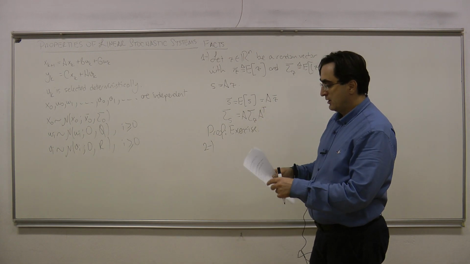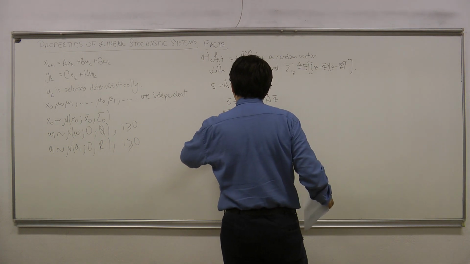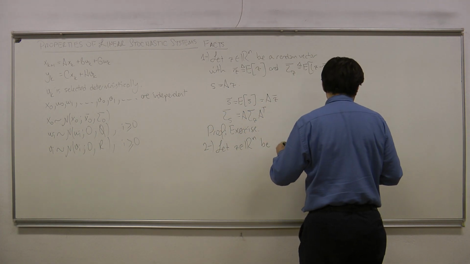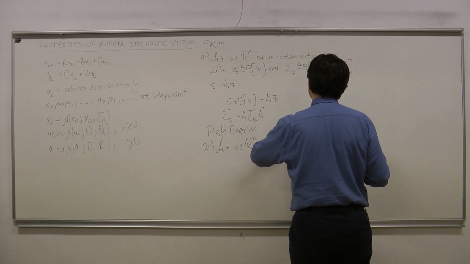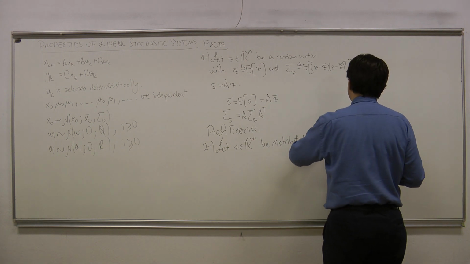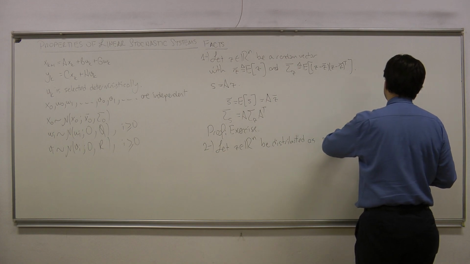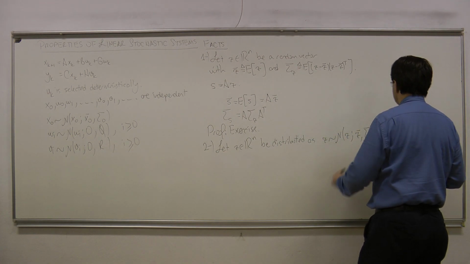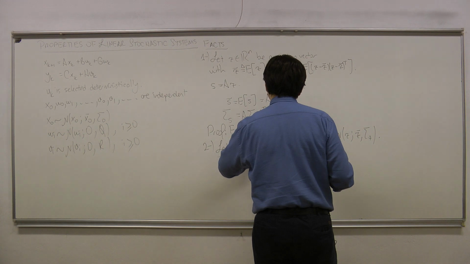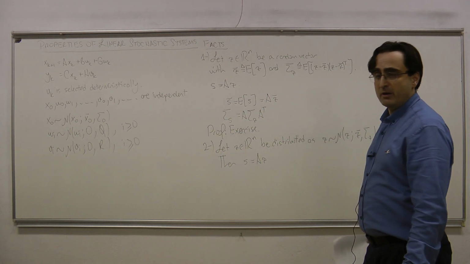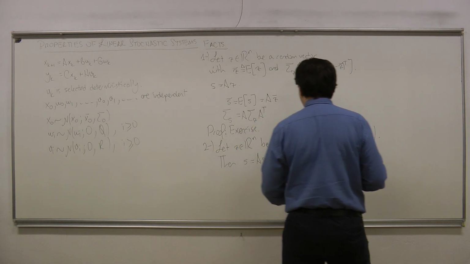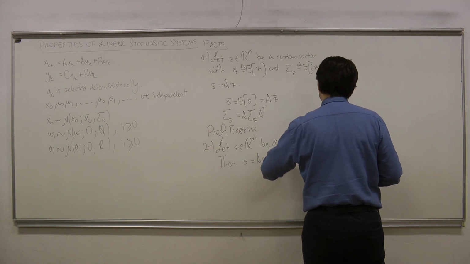So let us say that let Z in R^n be distributed as normal, Z bar, and sigma_Z, then we have, if we define S equals to A times Z, A is any matrix of proper size that we can multiply Z with, then S is distributed as follows.